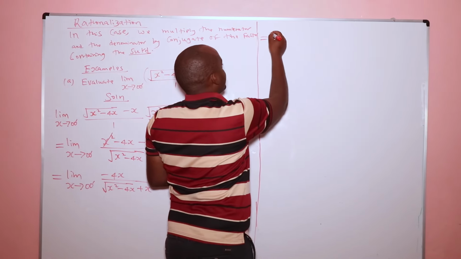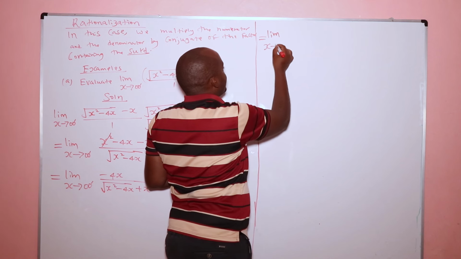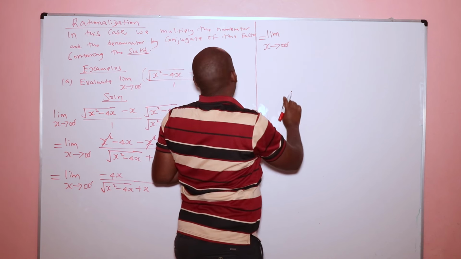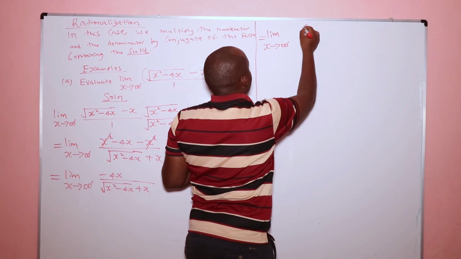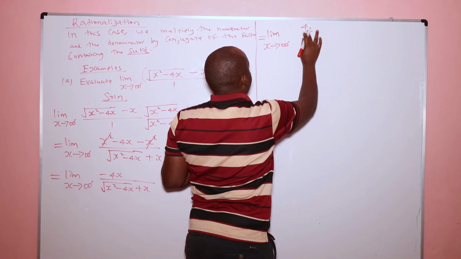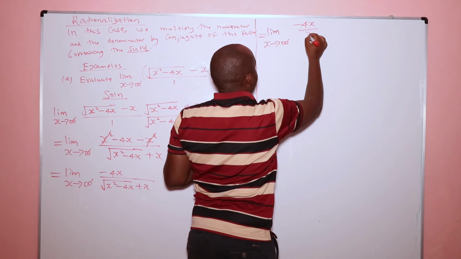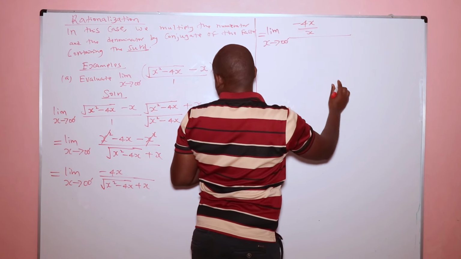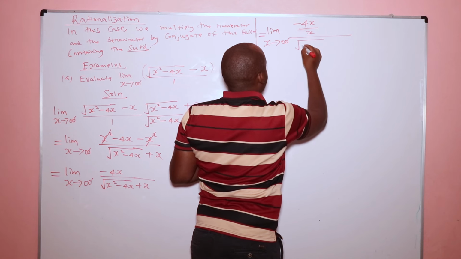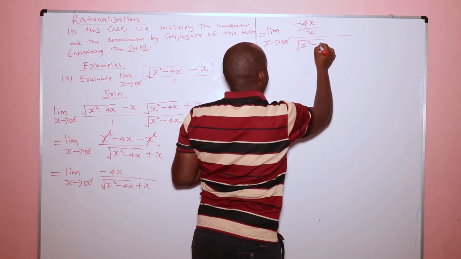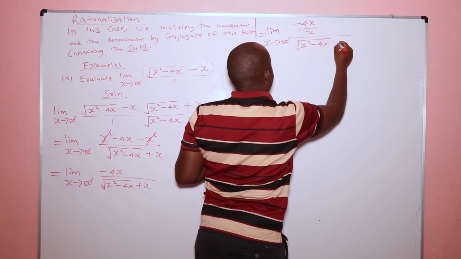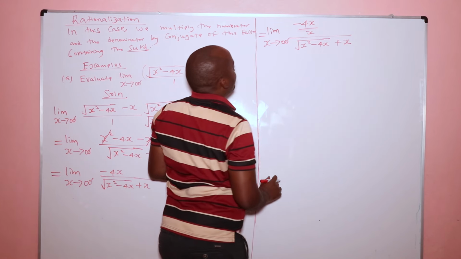And this will give us the limit as x approaches infinity of negative 4x divided by x, over the square root of x squared minus 4x plus x.